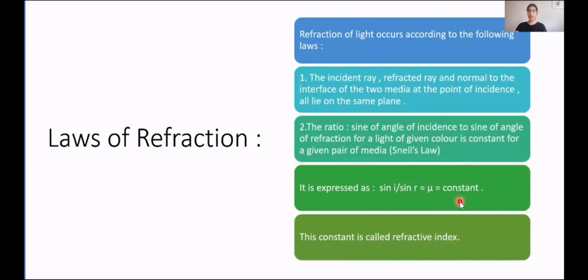So actually we say that the Snell's law of refraction can be represented as, if let's say N1 is the refractive index of the first medium and N2 is the refractive index of the second medium, then you can say N1 times sine of angle of incidence equals N2 times sine of angle of refraction, or sine of angle of incidence by sine of angle of refraction is equal to N1 by N2.